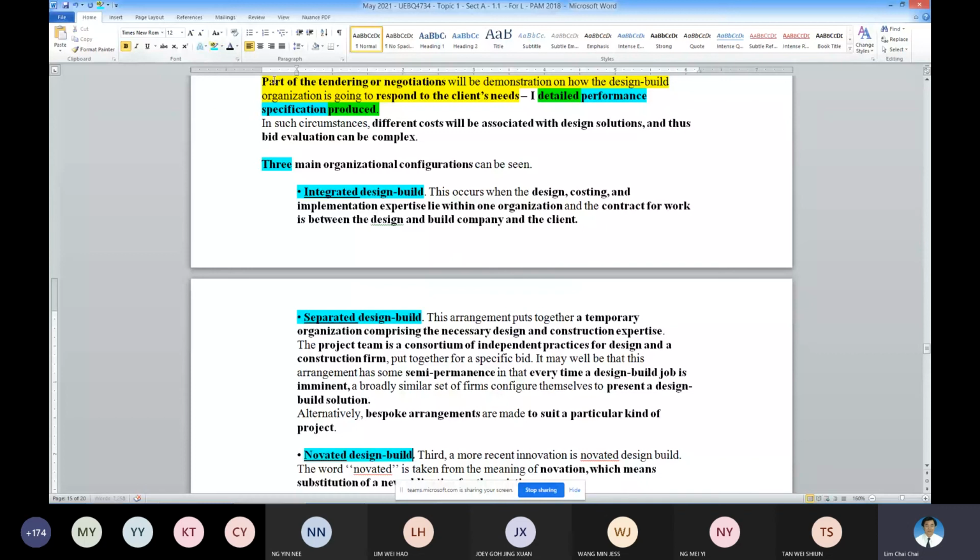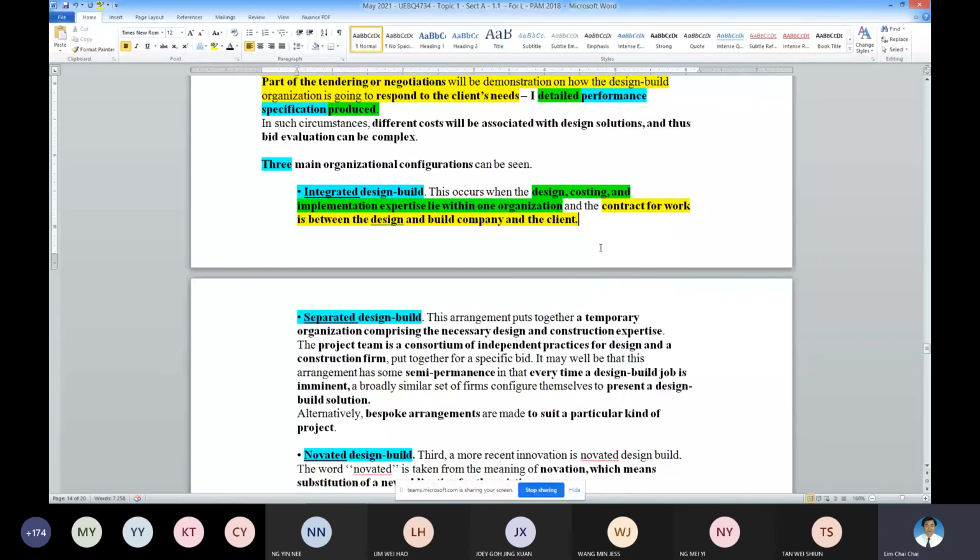Design, cost, and implementation are in one organization. This is called integrated. Contract for the works is between the design and build company and the client. That means the contractor takes care of the design and build, integrated in one whole item.